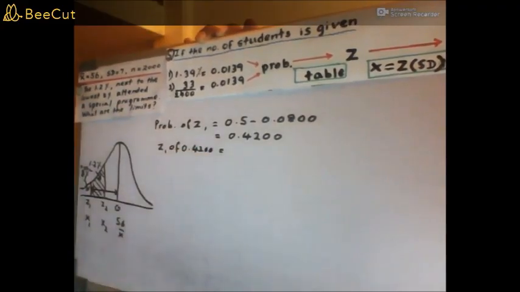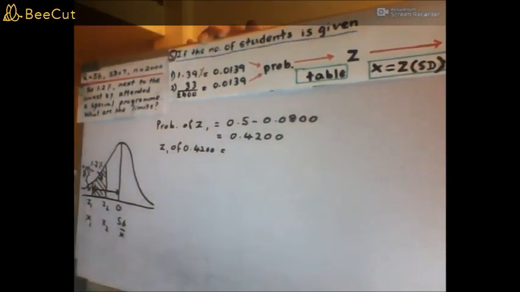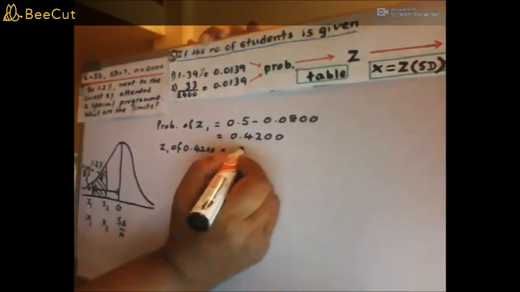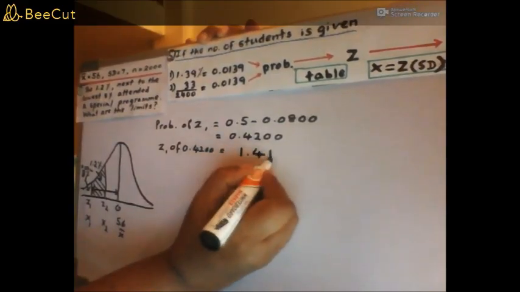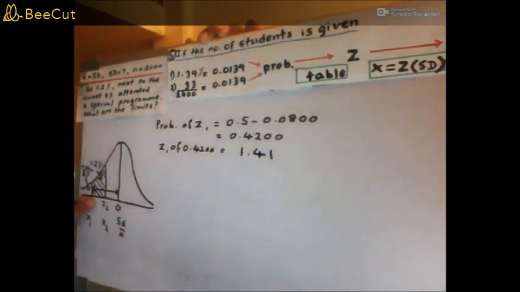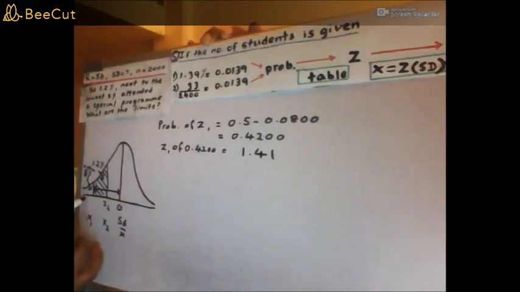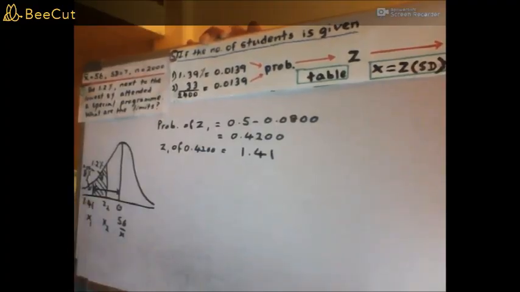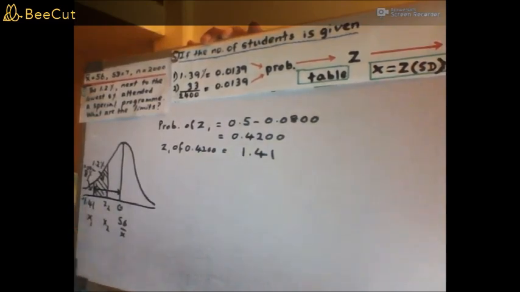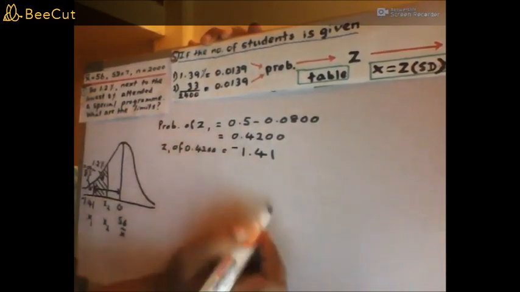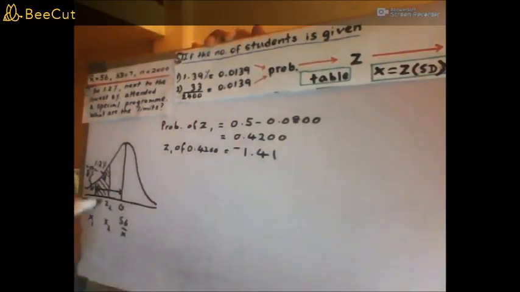So from the table, you can get it as 1.41. Put it here, 1.41. Right. Is that all? No. This one should be minus. So put minus here. That's the Z value.